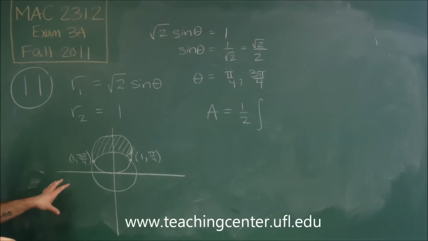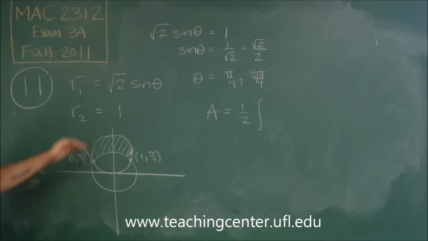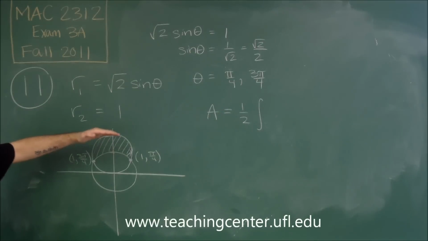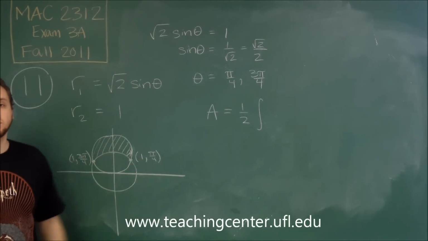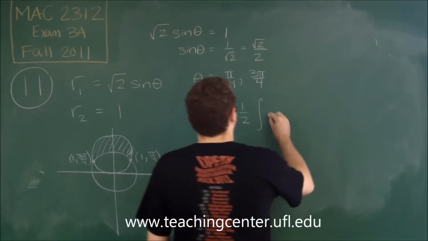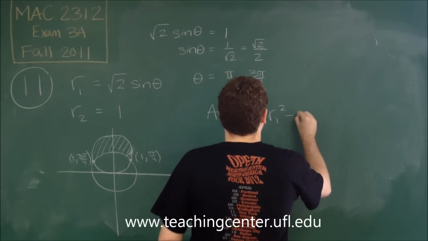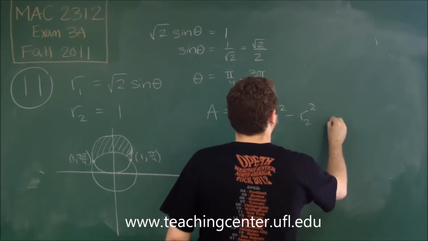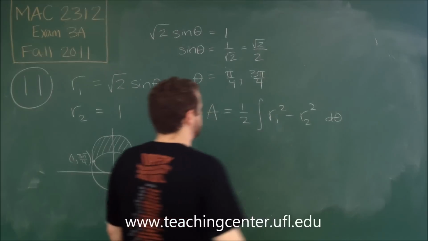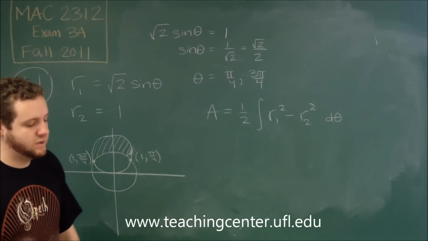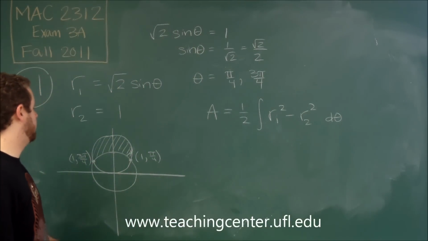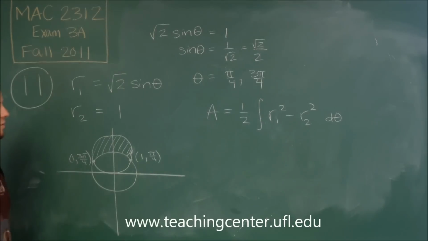So what is r squared? In this case, it's going to be the outer one squared minus the inner one squared. So we have r1 squared minus r2 squared d theta, and we're going from pi over 4 to 3 pi over 4.